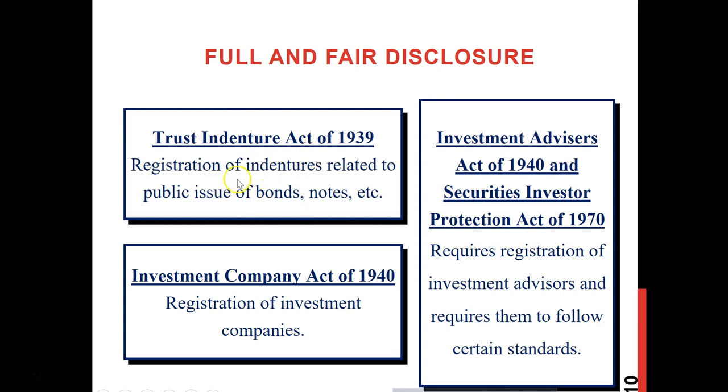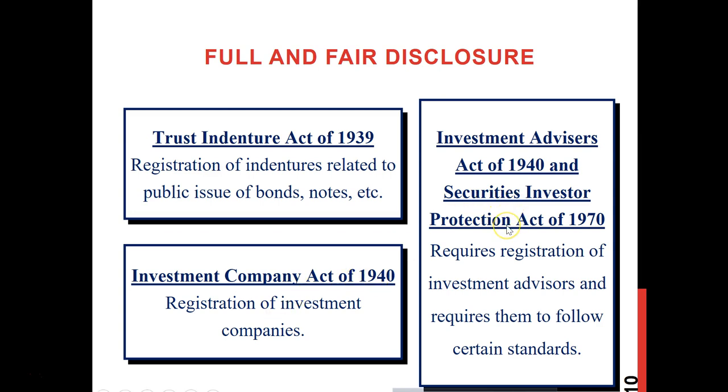And then we will learn the Investment Company Act of 1940. This act requires registration of investment companies, and that includes mutual funds because they play a significant role in the capital market. This act deals with mutual funds that are engaged in investing and trading securities.